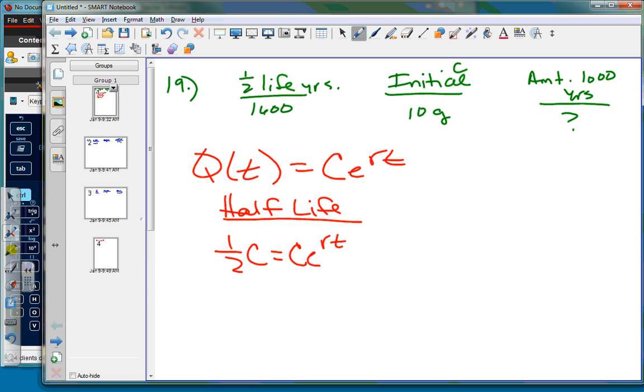So what happens to your C's? I'm going to have 1/2 = e^(rt). Well, that makes sense considering my double was 2 = e^(rt). My triple was 3 = e^(rt). So half-life would be 1/2 = e^(rt). Does that make sense? Okay. So now we know where this formula comes from, correct? And why we're using it.